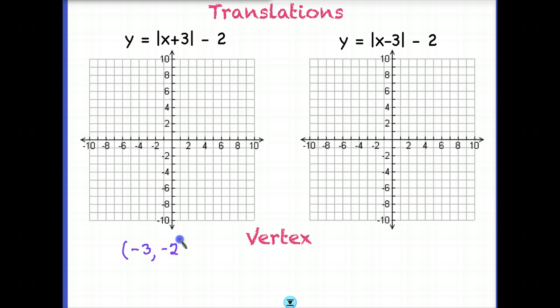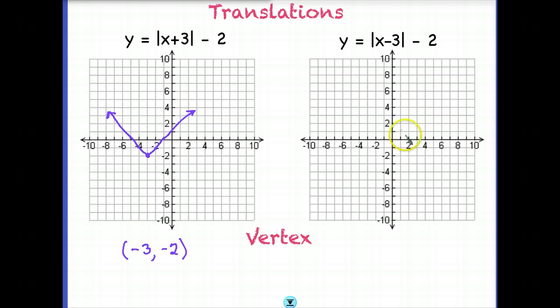We do actually go down 2. So I'll go ahead and put my vertex at -3, -2, and then I know my slope is just going to be up 1 over 1, up 1 over 1. I don't need to make a table of values because I know the pattern, so I can just plot a few points and draw my line.